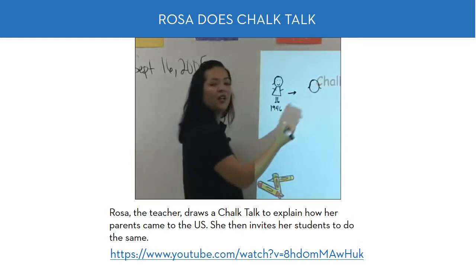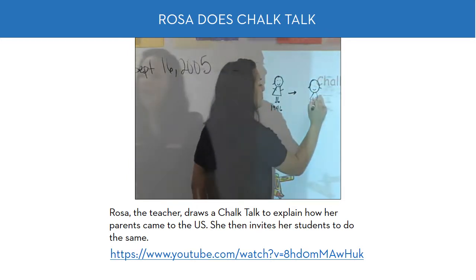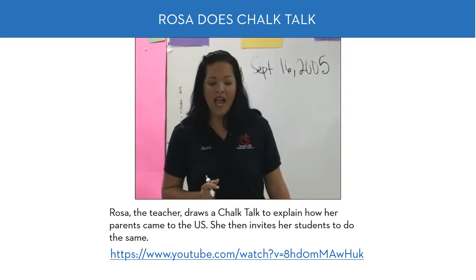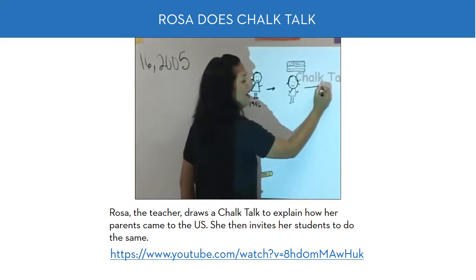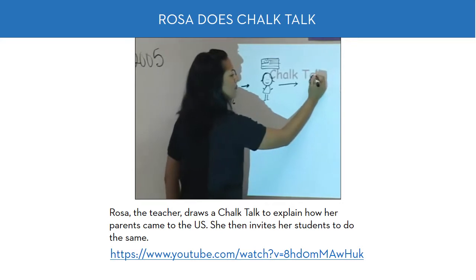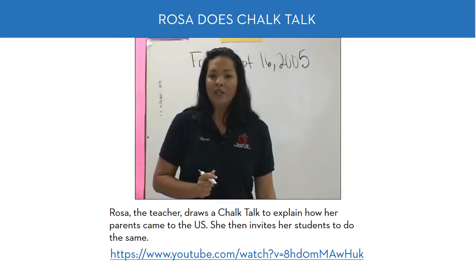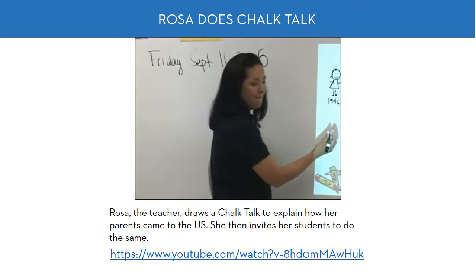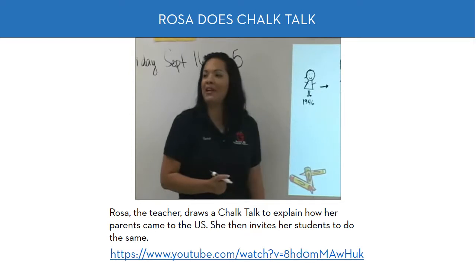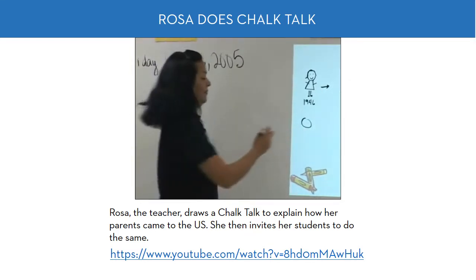My mother and her parents came to the U.S. My mother went to Bowie High School and graduated from Bowie High School. When she graduated from high school, she went to work at a factory where she met my father, and they fell in love.